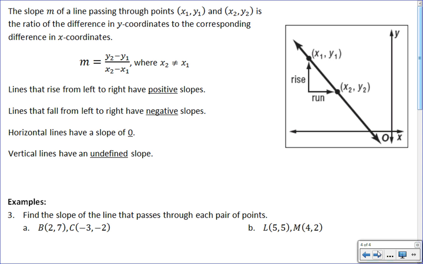So let me see if I can make this a little more easily understandable. This is giving you a very general version of this slope formula, because let's face it, you don't want to have to graph every single pair of points that you ever wanted to find the slope between. Slope is a very big concept in algebra, and it's something you'll see over and over again, and the slope has very useful meanings to it.